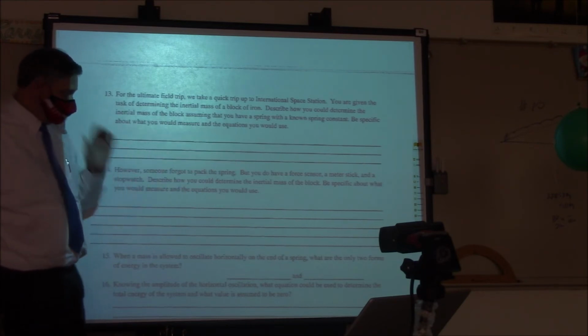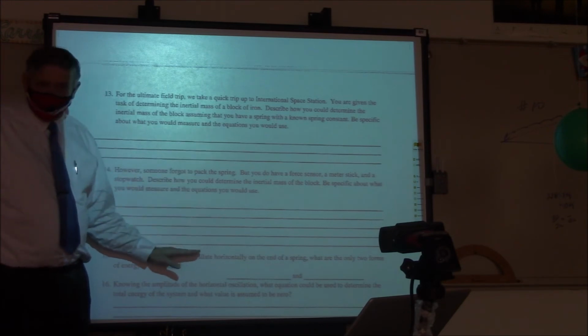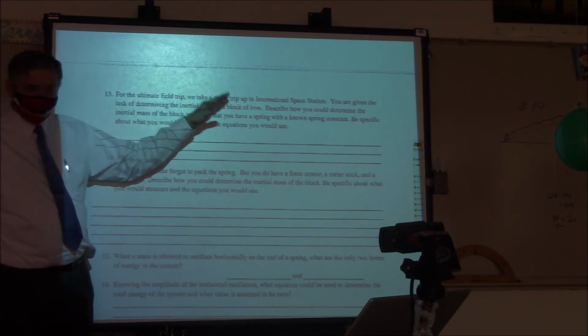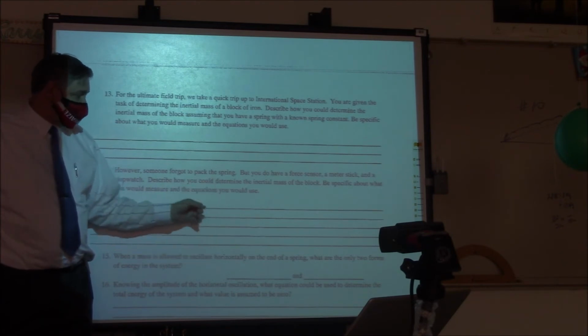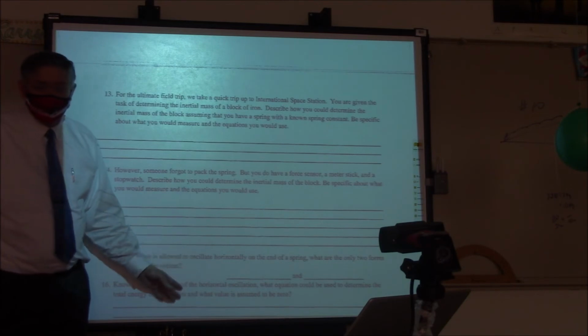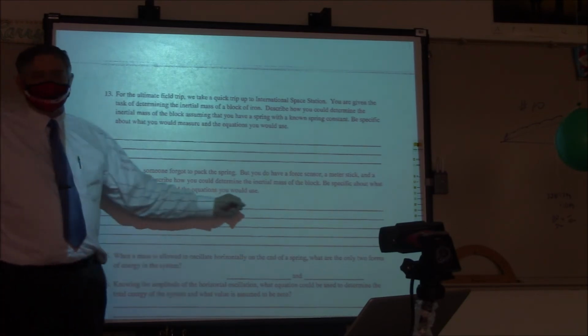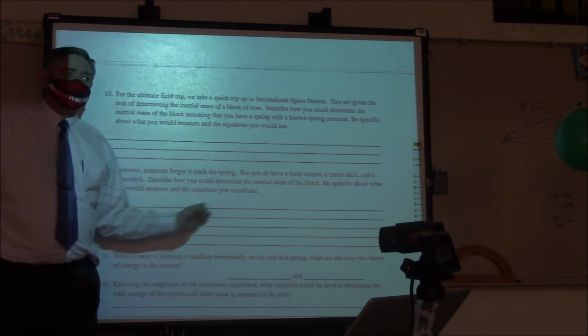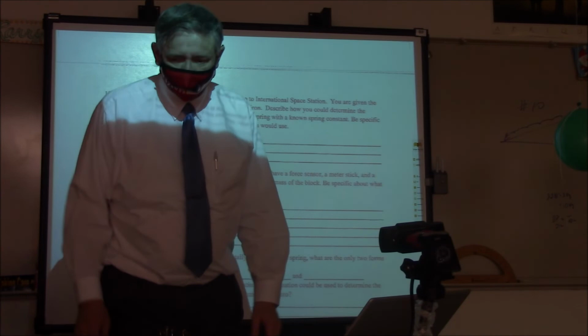So you should have equations in this answer, and you should have equations in this answer, and explanations. This cannot be done in one line. I'm not saying you have to use all 5 lines, but you just can't say, oh, F equals ma, and then da da da. You're going to explain how you're going to do this.